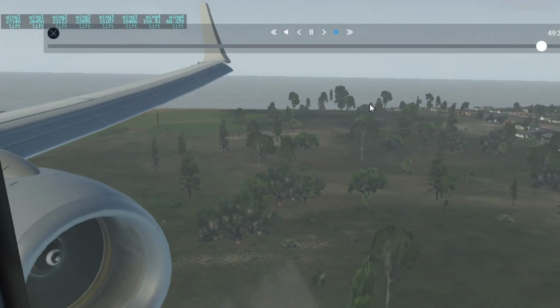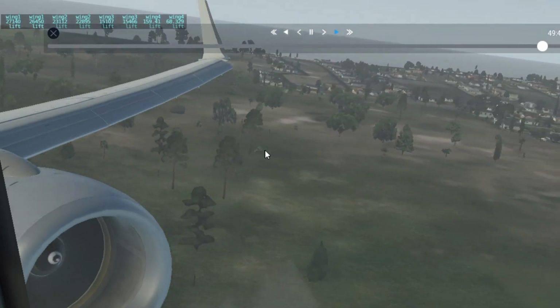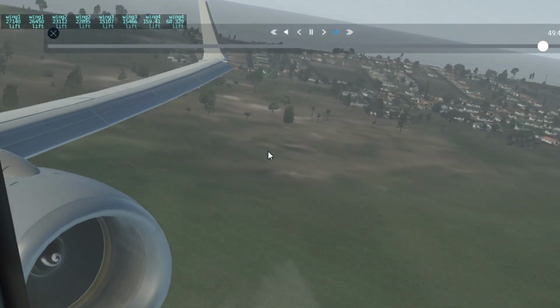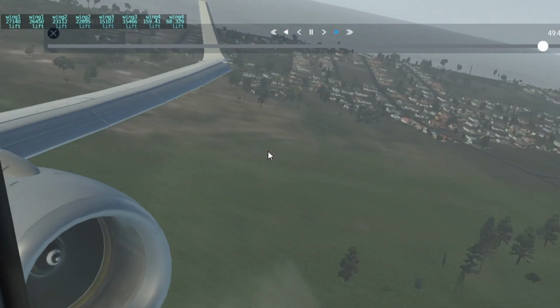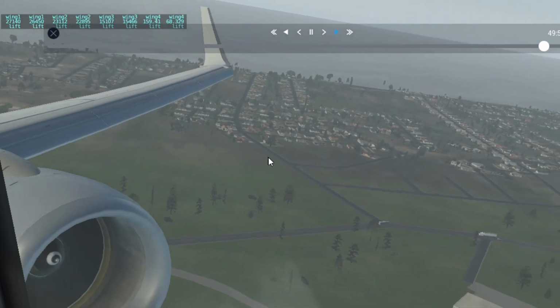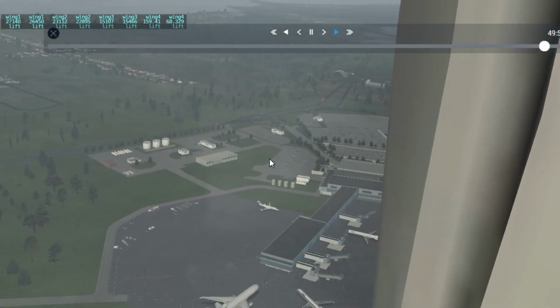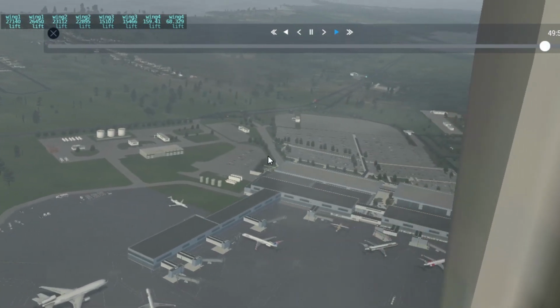We're just about to land. And yeah. And there's a view of the terminal.